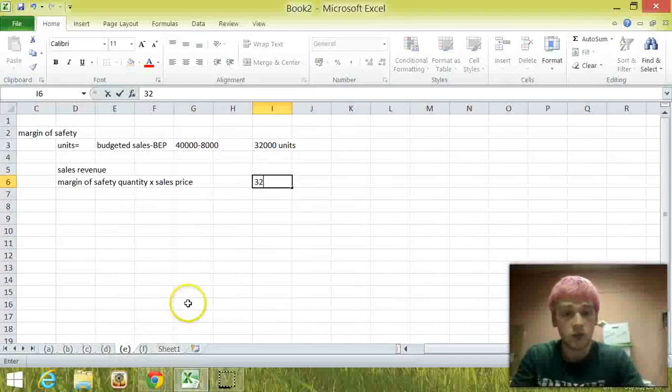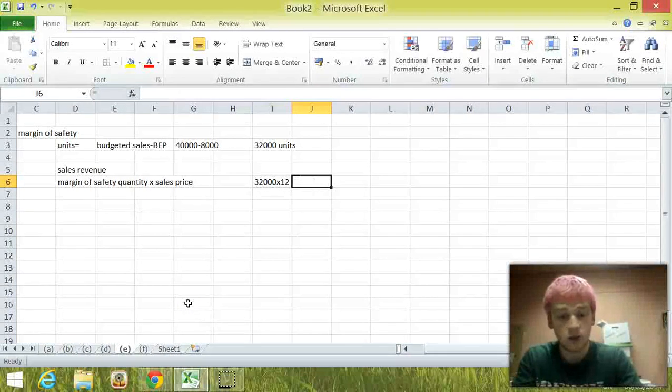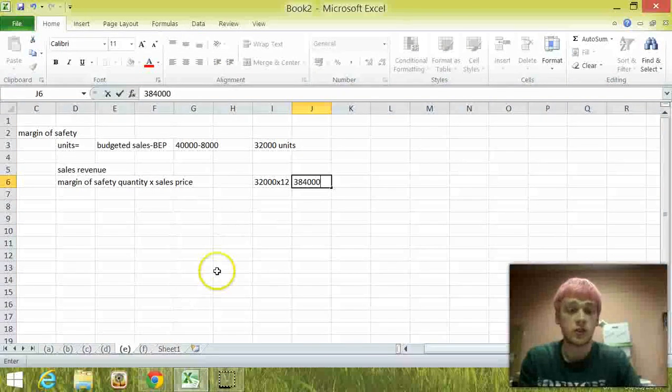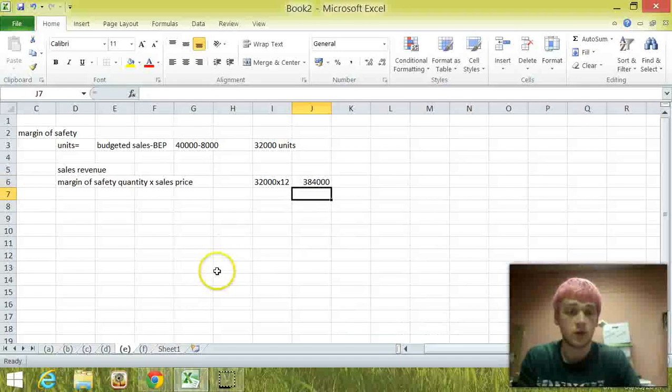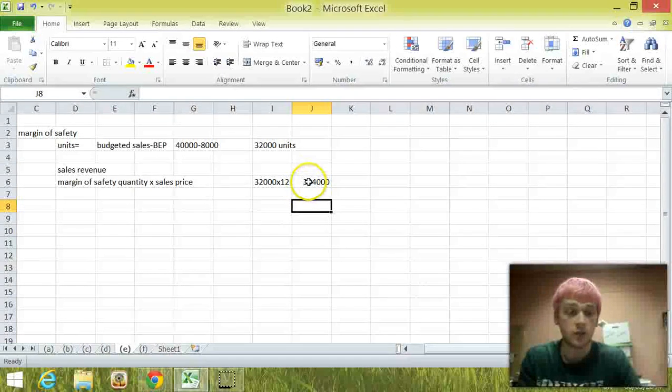So 32,000 multiplied by €12 gives us €384,000 in sales revenue. So basically, the company can afford to drop 32,000 units before being in a loss-making situation, and it can also drop sales revenue by €384,000 before getting into a loss situation also.